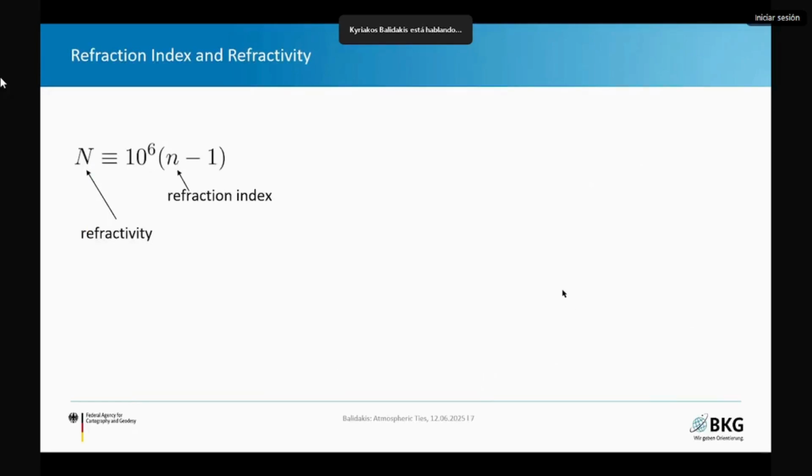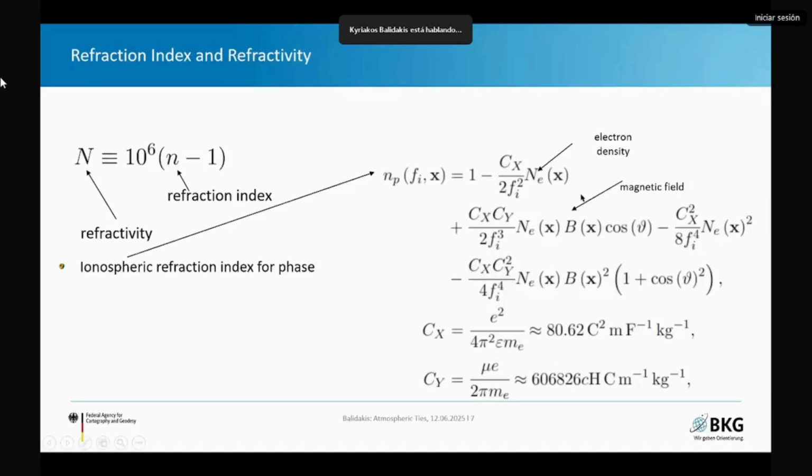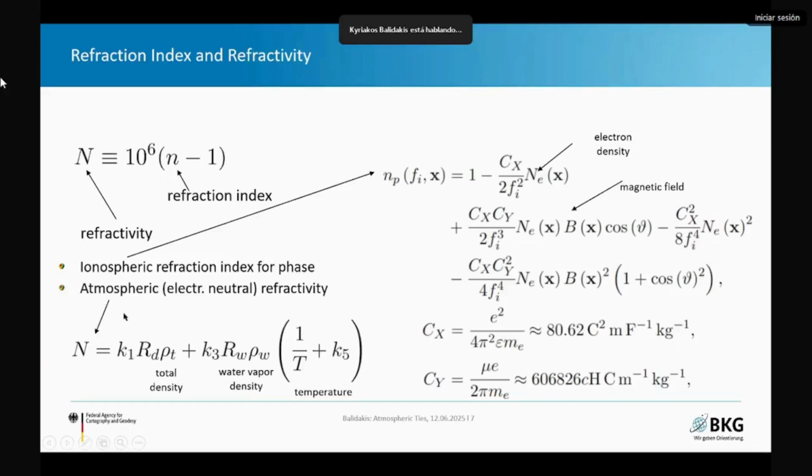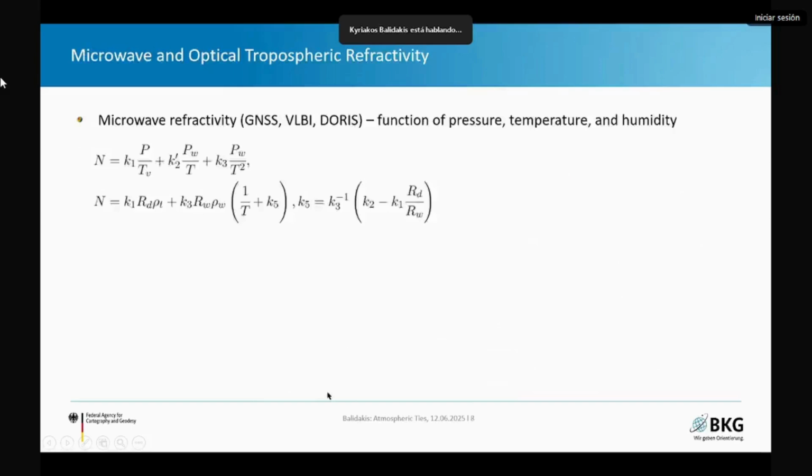To do all that, we need to know the refractivity. For the ionosphere, it is a function of the electron density and the magnetic field. For the atmospheric component, it is a function of the pressure, water vapor pressure, so humidity, and temperature. We said before that we have 3 techniques that operate in the microwave domain: GNSS, VLBI, and DORIS.